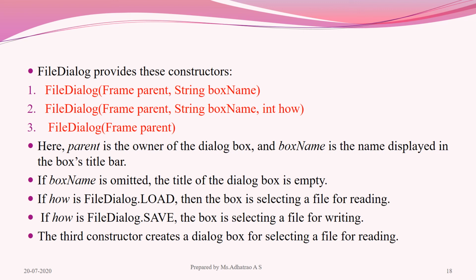To load a file using file dialogs, there is a constant defined by the FileDialog class, FileDialog.LOAD. And to save a file, there is a constant FileDialog.SAVE. And simply if you want to read the file, simply pass the owner of the dialog box by using the third constructor.